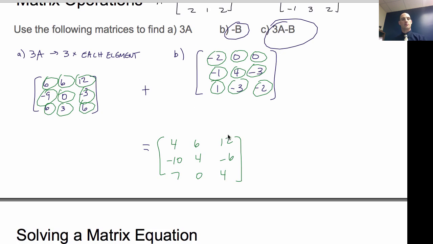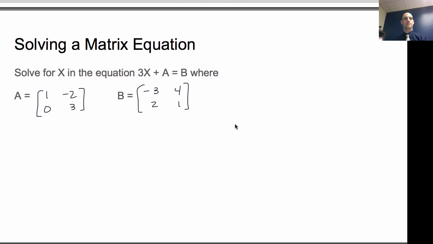Let's solve an equation with a couple of matrices. I'm given A and B. And I'm going to solve for x in the equation 3x plus A equals B. Well, look at what happens. If I rewrite this, I'm going to substitute in 3x. Well, what is A? A is this matrix.